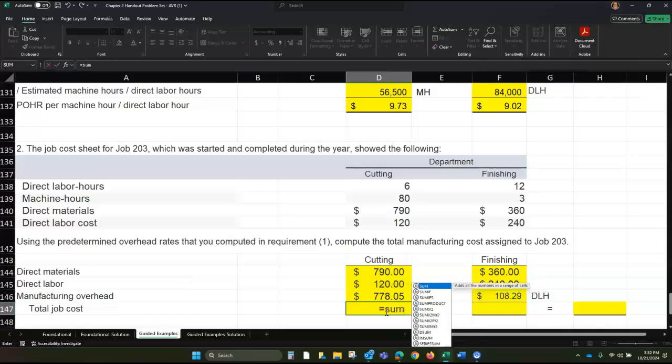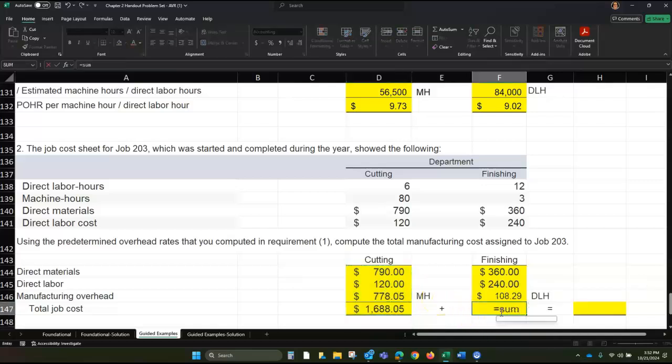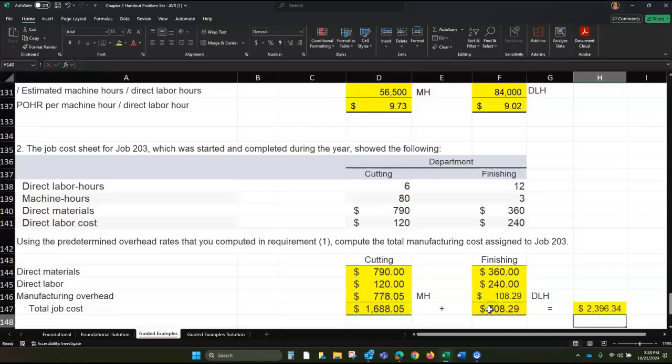So we sum the columns, and we sum those two cells together. So that's our total job cost.